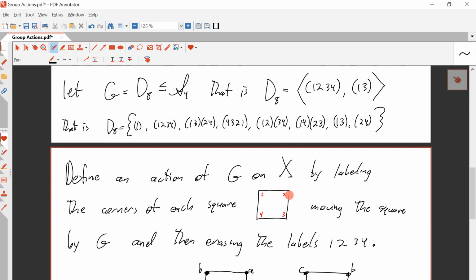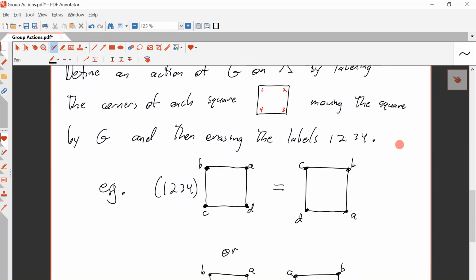So in a square, put symbols 1, 2, 3, and 4 here, always in this position. 1, 2, 3, 4, always in that position. And define an action of G on this ABCD square by labeling the corners of each square and then moving the square by the elements of G and then erasing the labels 1, 2, 3, 4.